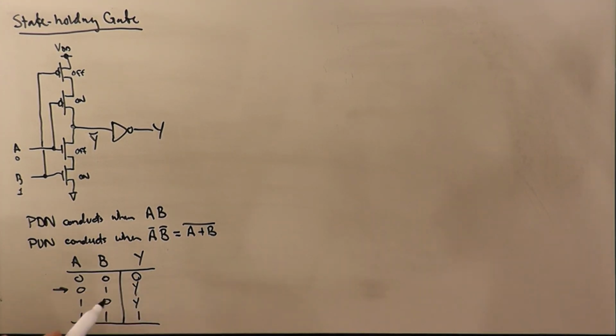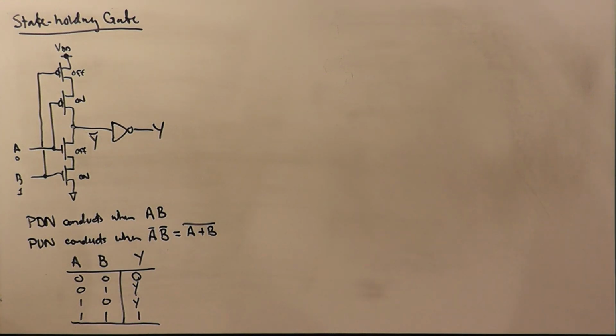And so this type of gate is called a state-holding gate because during some phases of operation, the state is held by the gate, or has to be remembered by the gate.